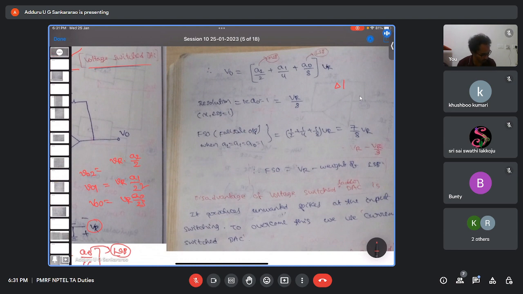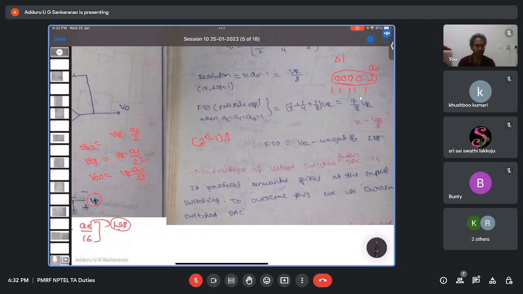You keep only the LSB as one and all other bits zeros, and find out the output. That is nothing but the resolution. And what is the full scale output? You keep all ones, then find the output. That is the full scale output. Full scale output we have seen, right? 2 power n minus 1 into step size.